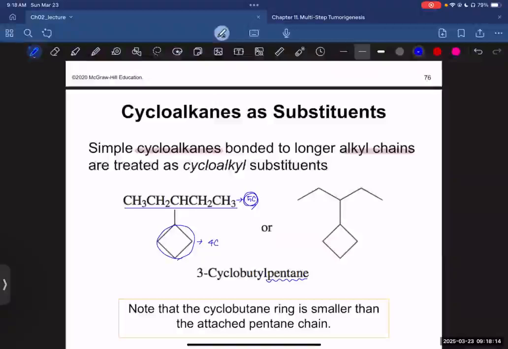Because it is a substituent on the alkane, we number the carbons to give it the lowest number possible, which here won't matter from the left or the right. It's on the 3rd carbon, so it will be called 3-cyclobutylpentane. Okay.